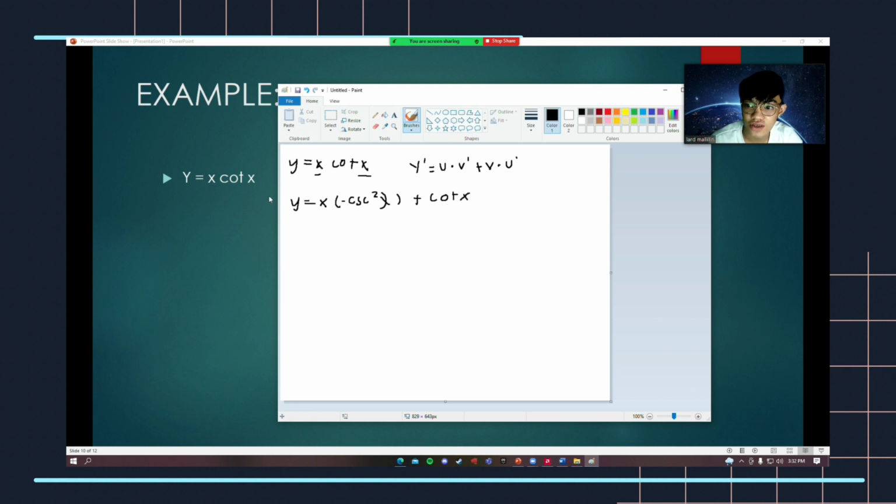Since we have a negative cosecant squared, we write y prime equals negative x cosecant squared x plus cotangent x. Now this will be the final answer.